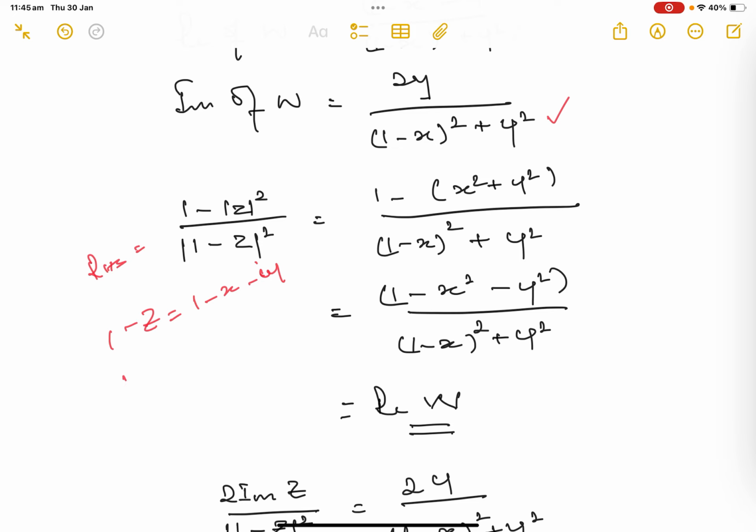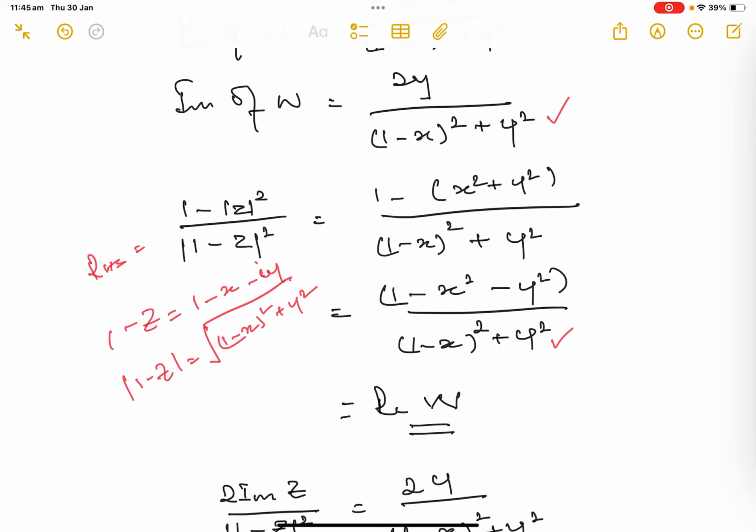So the modulus of 1 minus z equals the square root of 1 minus x squared plus y squared. That is exactly what we did here. So the modulus of 1 minus z squared is this.